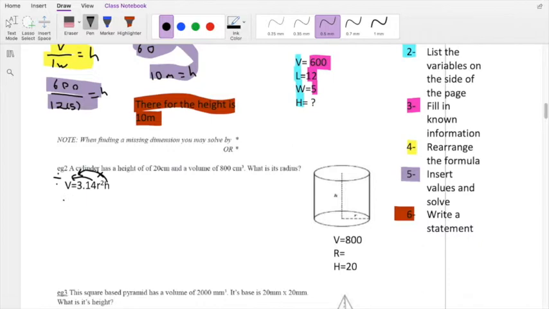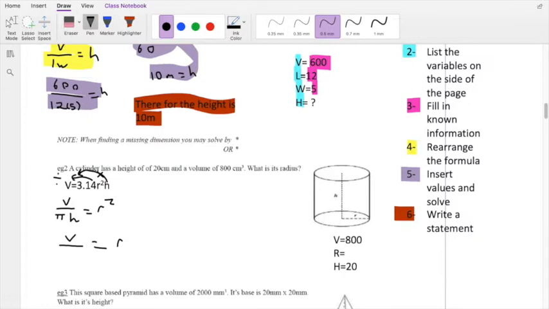So if I was to write this out nicely, volume divided by pi times h equals r squared. I'm going to leave the squared up there for now. You could hypothetically go, okay, this truthfully should be square root, but I'm not going to do that yet.